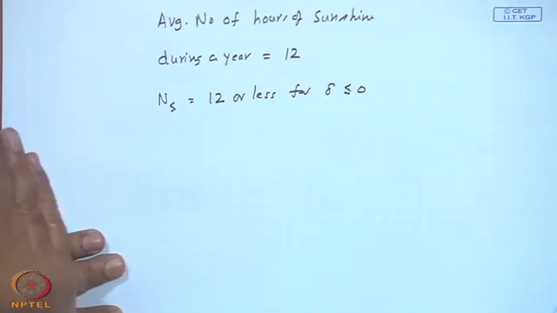That means, if I am having a negative declination, my physical sunrise and sunset hour angles are 12 or less than 12, and I restrict it depending upon the value of phi minus beta to whatever is the value that you obtain by calculation.